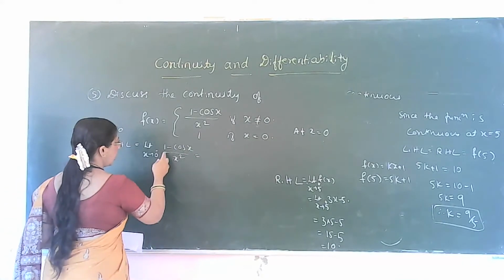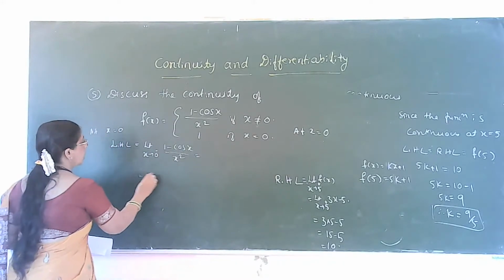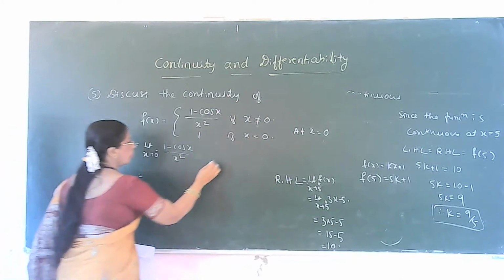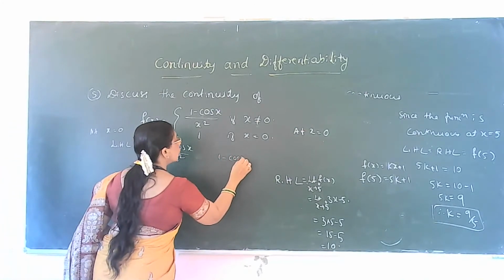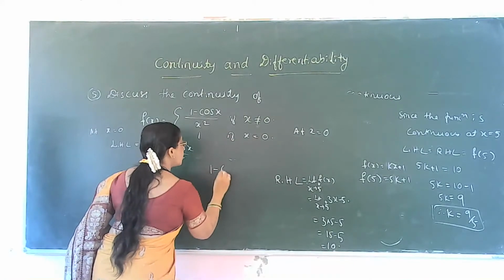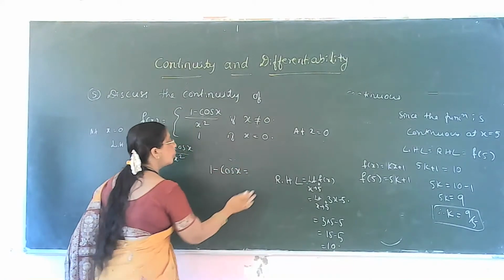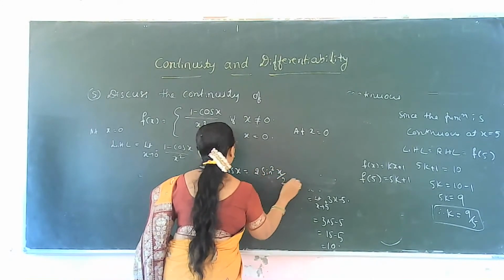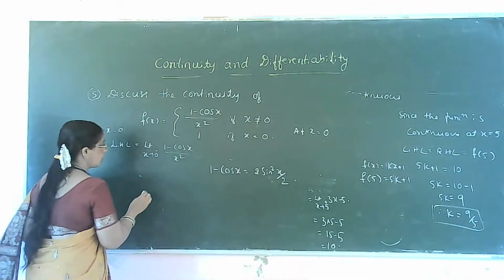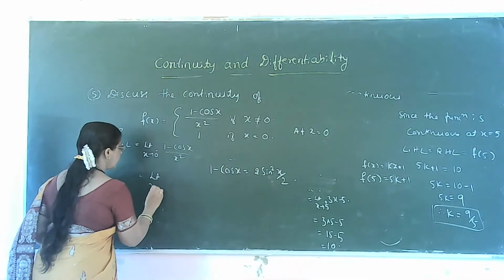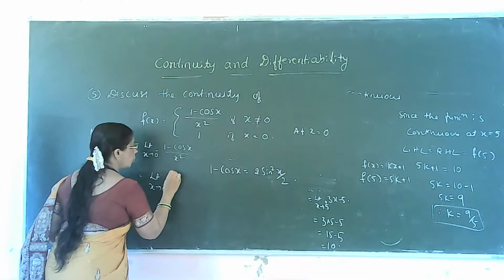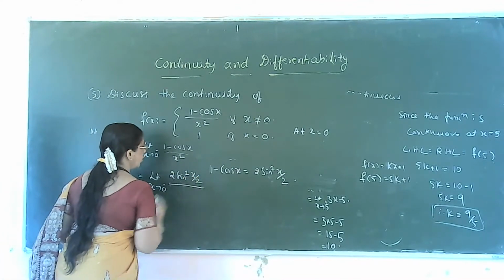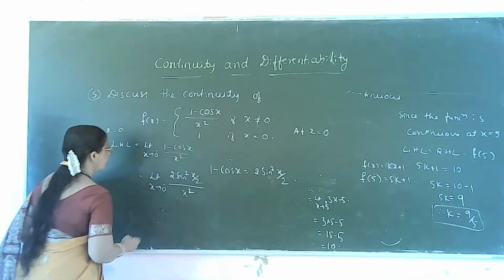Find the limit of the function by substituting 1 minus cos x is equal to 2 sin square x by 2. Limit of x tends to 0 minus 2 sin square x by 2, using the identity, divided by x square.